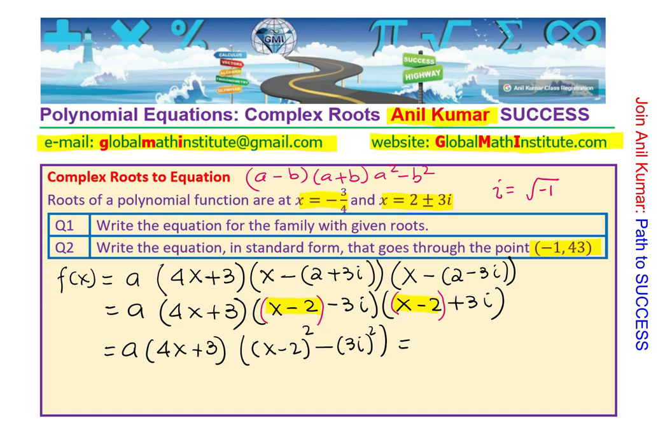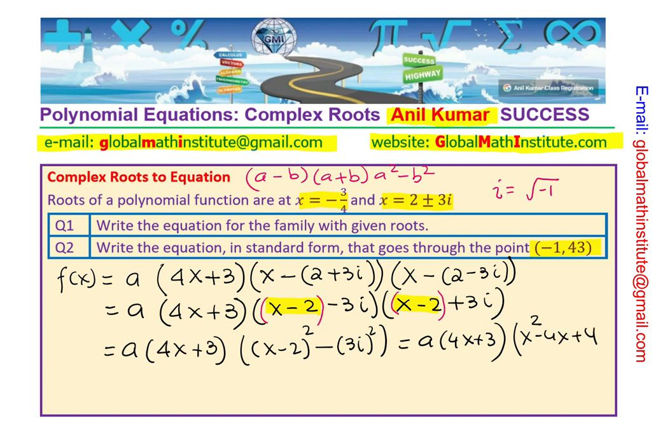Let's do it. We get a times 4x plus 3, and expanding x minus 2 whole squared, we get x squared minus 2ab, which is 4x, plus 2 squared, which is 4, and minus (3i) squared. Now, the square of 3 is 9, and i squared is minus 1, so we get plus 9 here. Makes sense, right? When i is the square root of minus 1, we know i squared is negative 1.